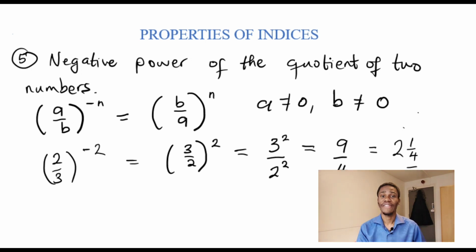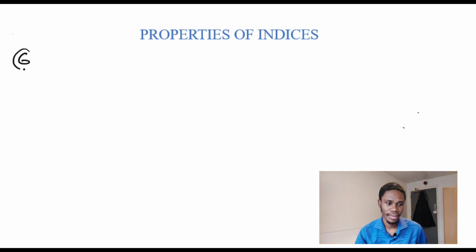Let's move on to the final property of indices. Property number 6. Property number 6 states that any variable raised to the power 1 out of 2 is the square root of that number.